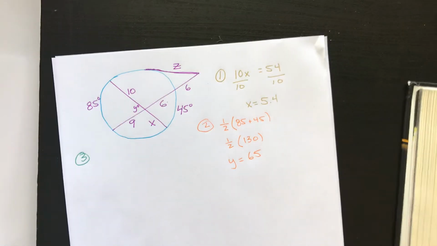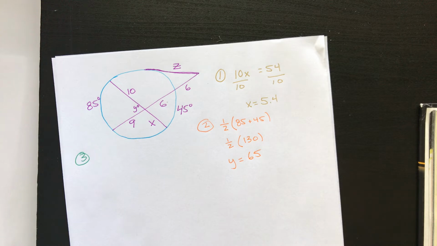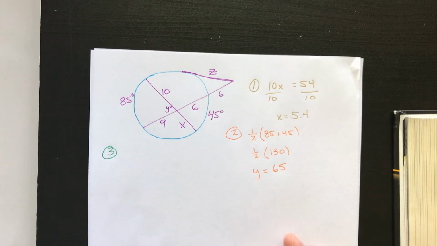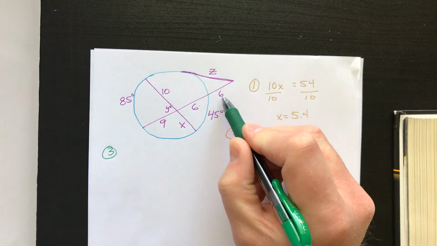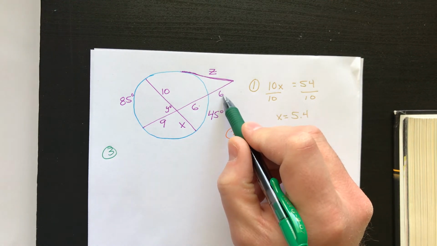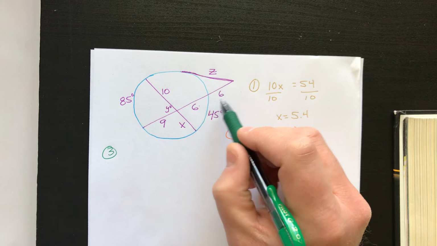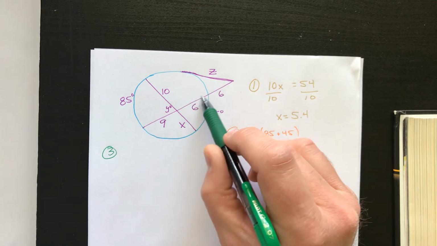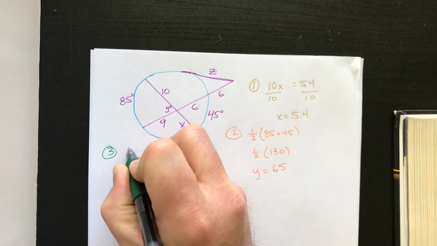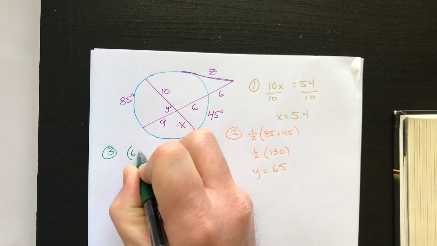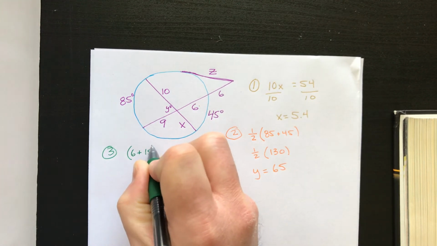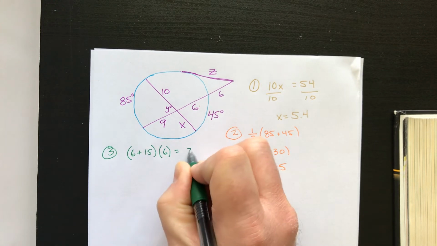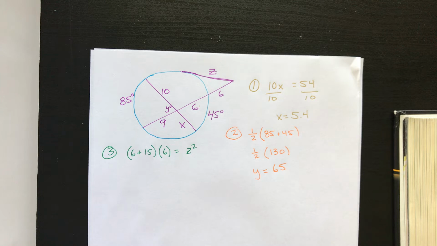All right, so if we look at our diagram here, it'll be 6 plus, so this is outside plus inside, which is 9 and the 6, which is 15. So we have 6 plus 15 times the outside, which is 6. And that's equal to z squared.